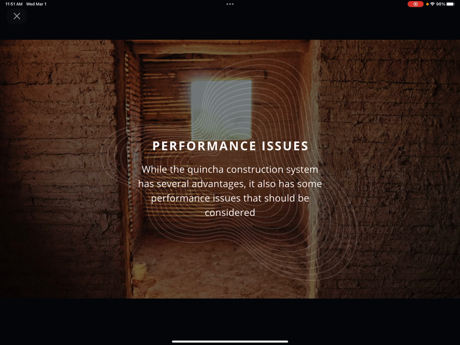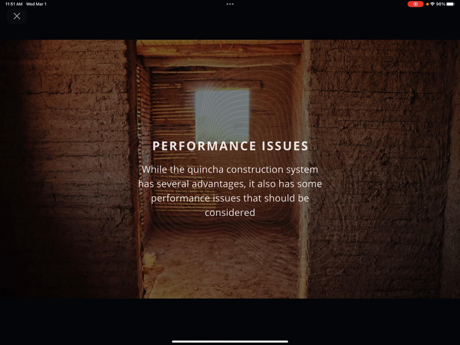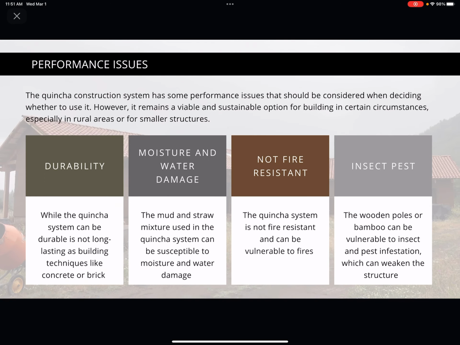So then I'm going to talk about the performance issues. As we already know, this is a really good construction system, but there are some things that should be taken into consideration. First is the durability. Obviously, the Quincha system is durable, but it's not as long-lasting as other techniques like concrete or brick.